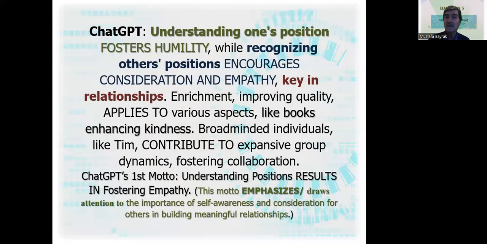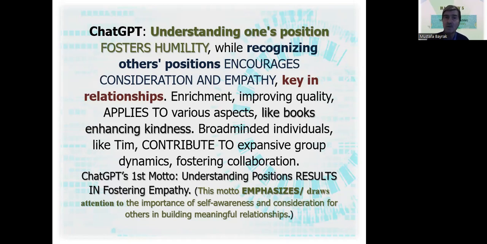Understanding one's position fosters, as you know, encourages, develops humility, while recognizing others' positions encourages consideration, understanding, and empathy, which is key in relationships.